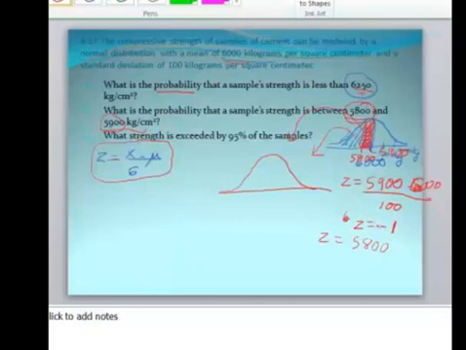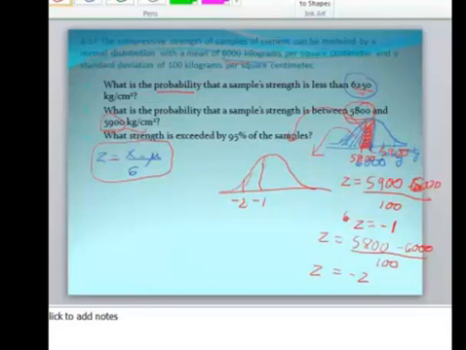So z is now minus 1. Now 5,800 minus 6,000 all over 100 is going to be what? Minus 2. So this is minus 1, this is minus 2.